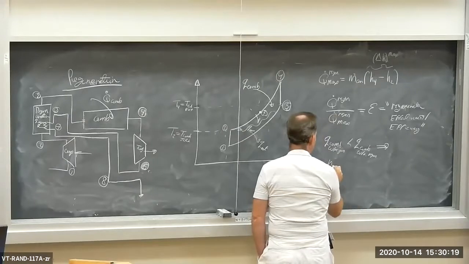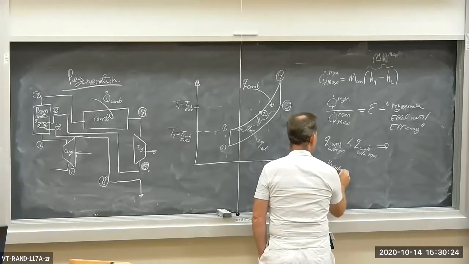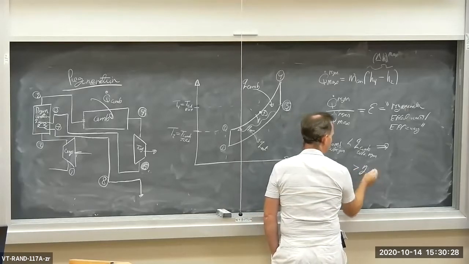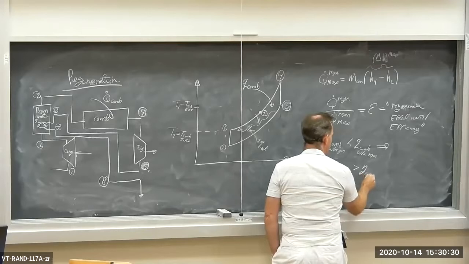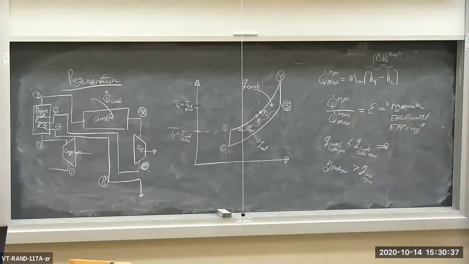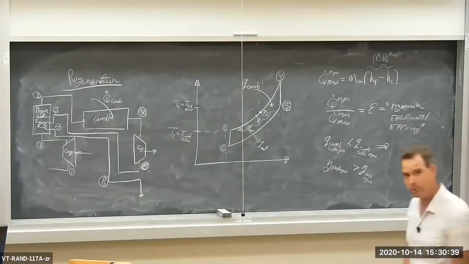So eta with regeneration is going to be greater than eta, or efficiency for the cycle, without regeneration. So adding a regenerator boosts your efficiency, sometimes substantially.